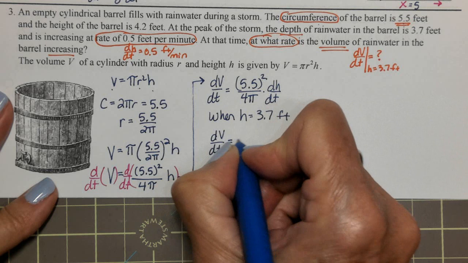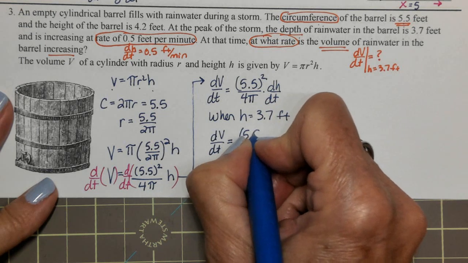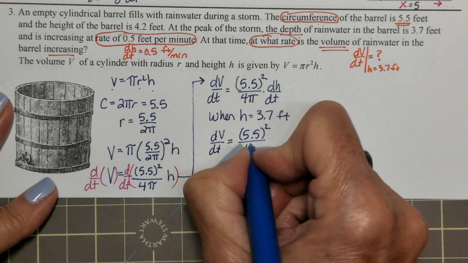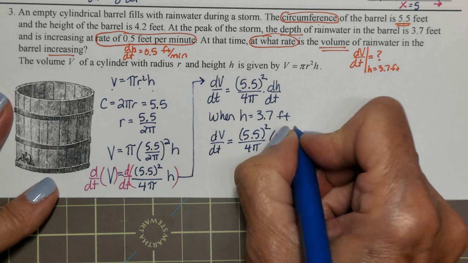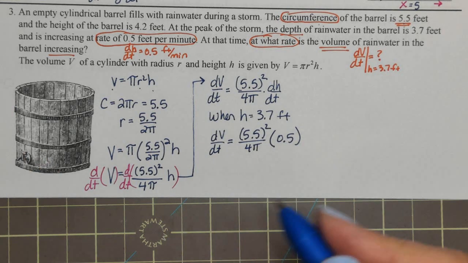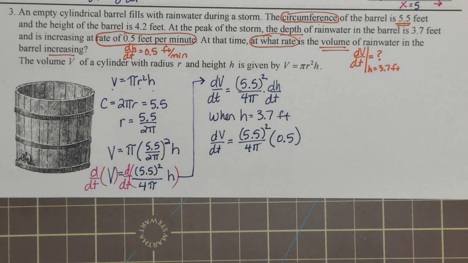So dV/dt will be 5.5 squared over 4 pi times 0.5. All numbers, this is an FRQ, so I really don't have to simplify this. Therefore, I'm not going to simplify this. Did they ask me for units? They did not ask me for units, so I am done with this problem.